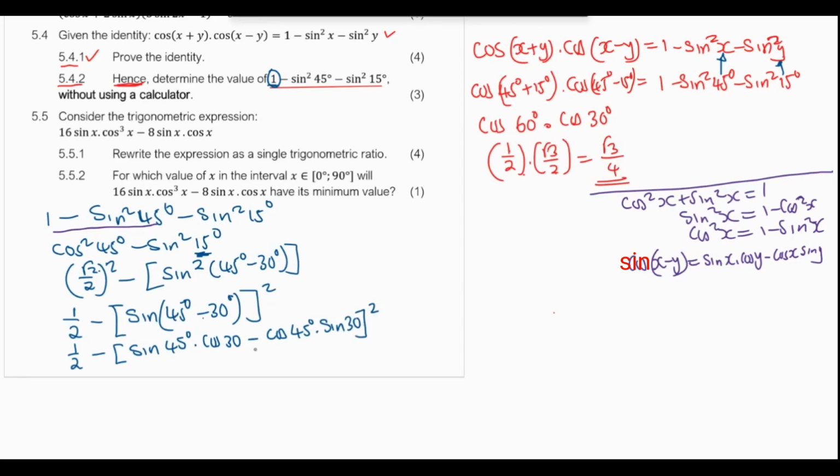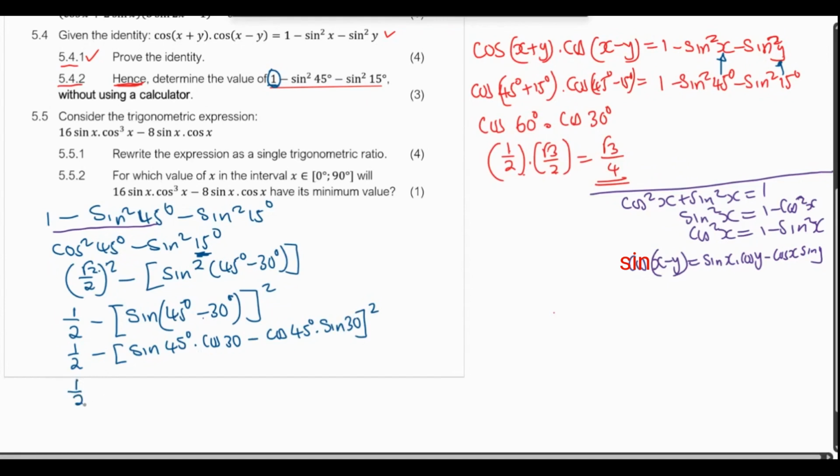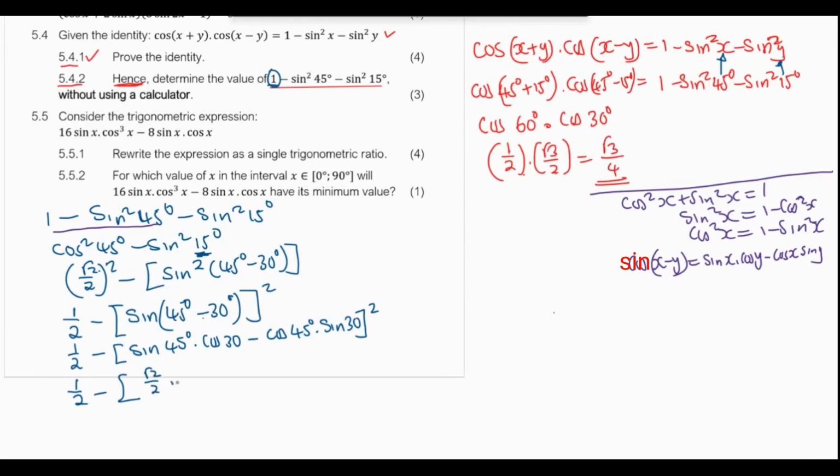Then these are special angles. So what we have is 1 over 2 minus, and then root 2 over 2 times root 3 over 2, cos 30 is root 3 over 2, sin 45 is root 2 over 2, minus cos 45 is root 2 over 2 times sin 30 is 1 over 2, all this squared.